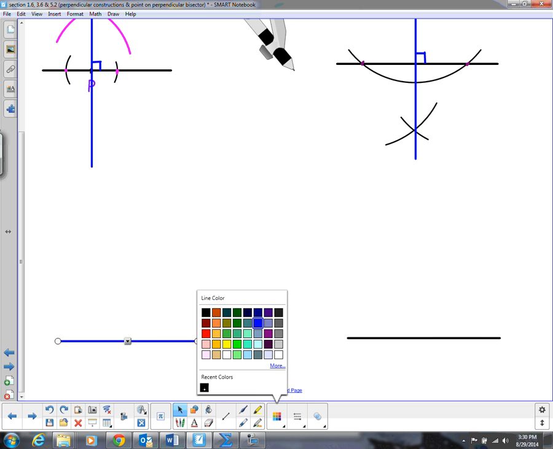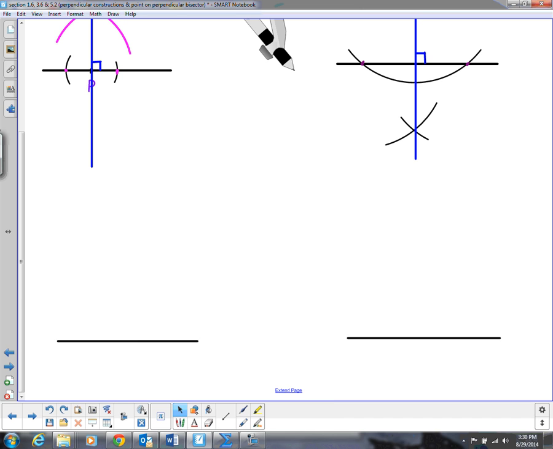All right, so I need a point. I'm going to have a point here, and a point up here. So I want a line perpendicular to the segment that passes through this point.